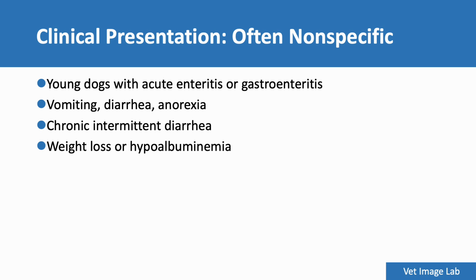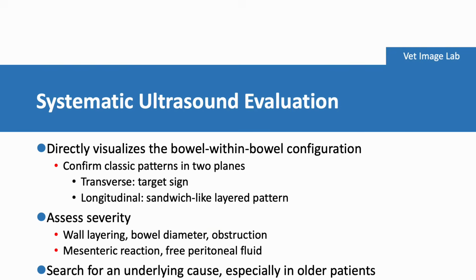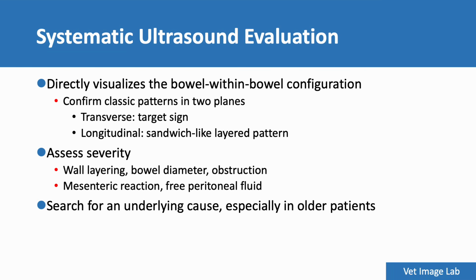These patients may present with vomiting, diarrhea, anorexia, abdominal pain, or dehydration. However, some intussusceptions can be intermittent or chronic, especially when the obstruction is partial or when the lesion reduces and recurs. When intussusception is suspected, ultrasound is the key diagnostic test because it allows direct visualization of the bowel-within-bowel configuration.